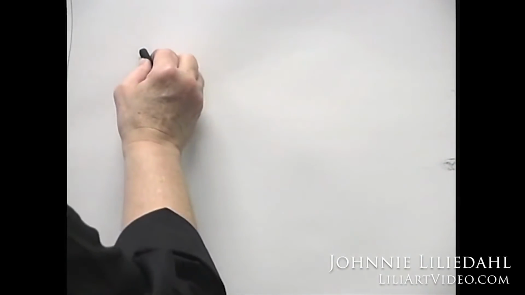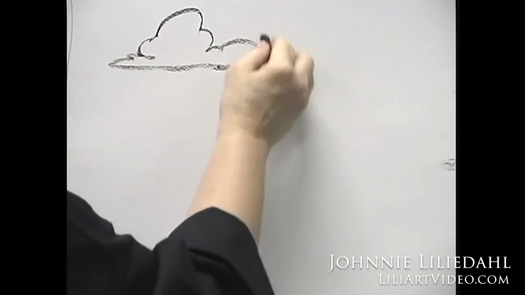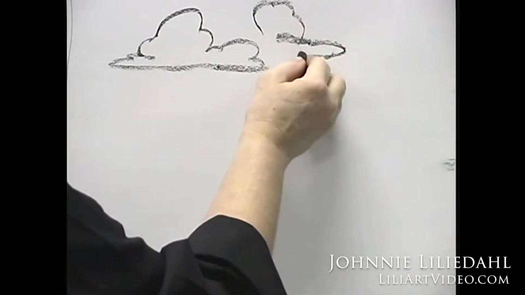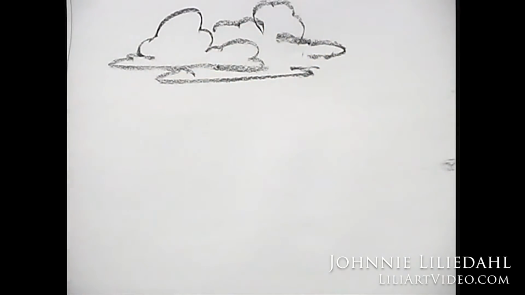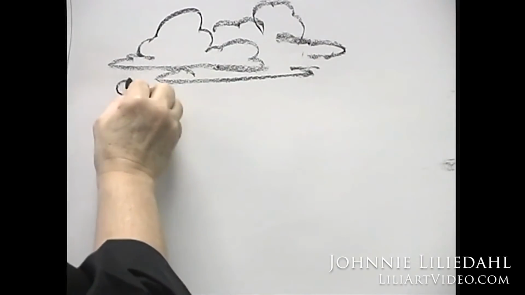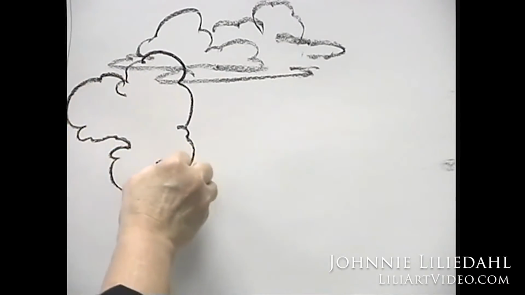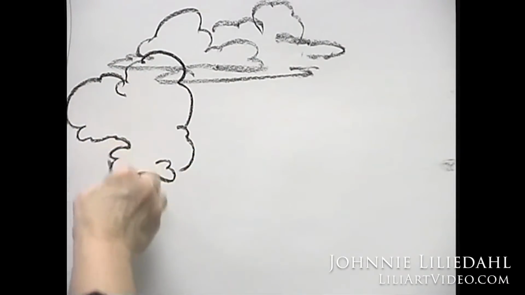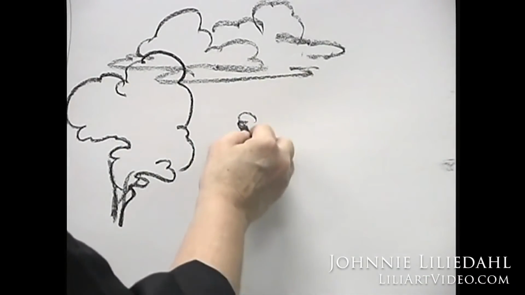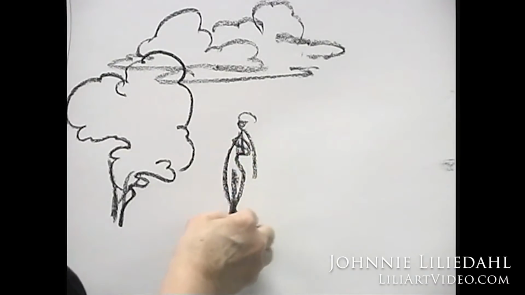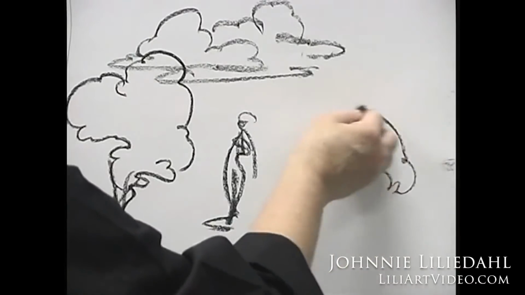Curved lines describe living things, as well as earth forms. It is found in clouds, foliage, figures, and flowers, just to name a few.